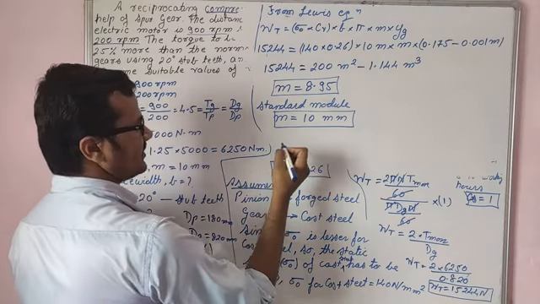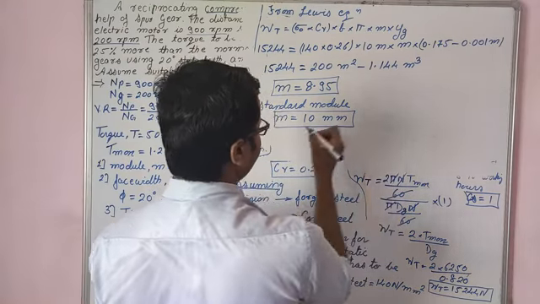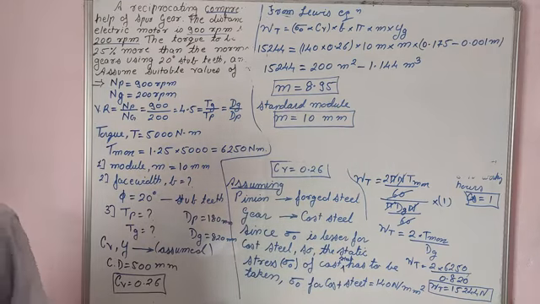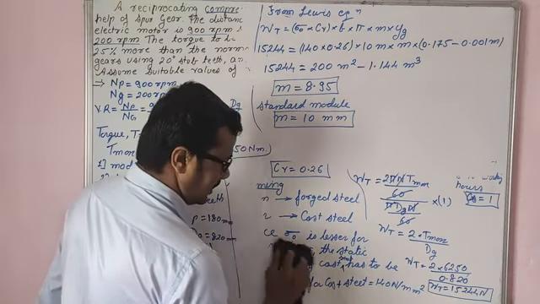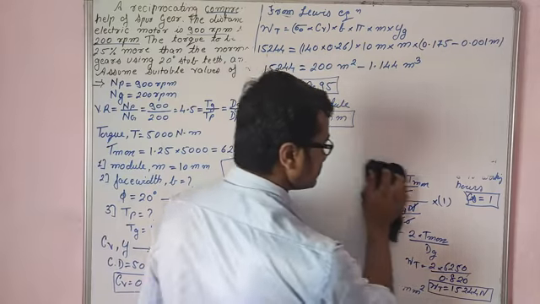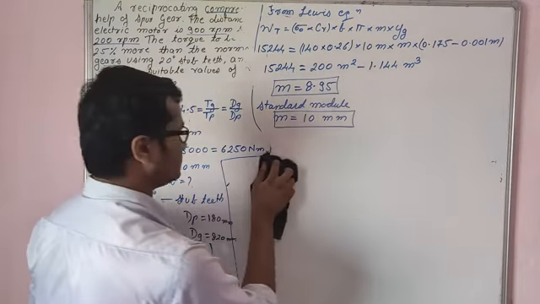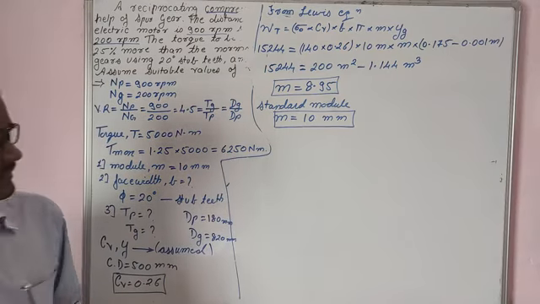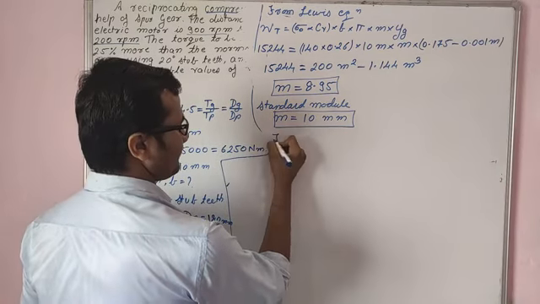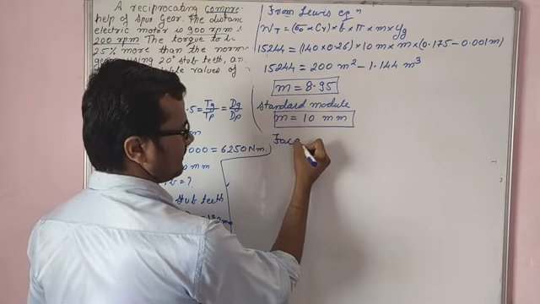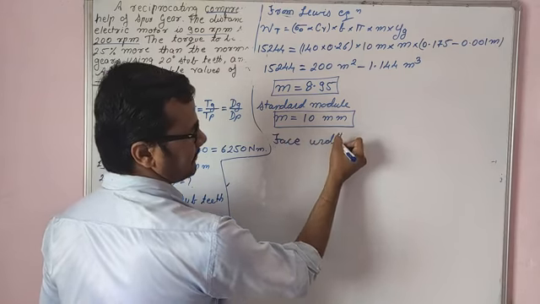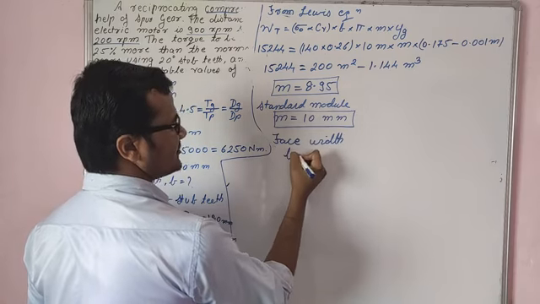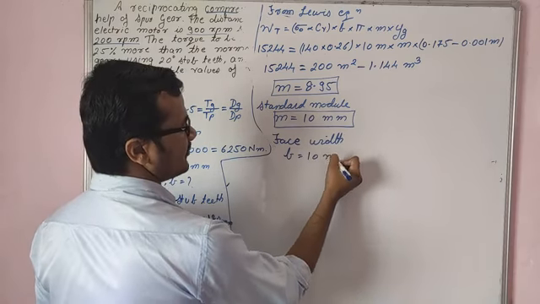Can I say that the face width, we have assumed face width B equals 10 times module.